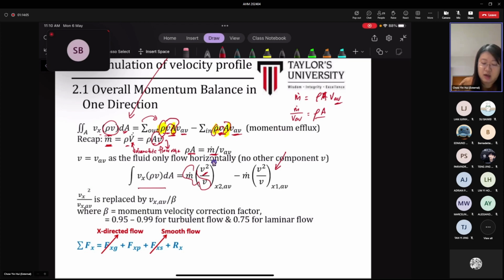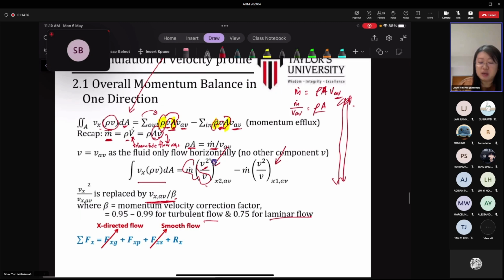And sometimes this v square over v here can be replaced by this expression, the average velocity divided by beta, which is a momentum velocity correction factor, depending on whether the flow is turbulent or laminar. Okay, now, this is just an introduction, and no worries, you are not required to reproduce this in a test or the final exam. It's just for your knowledge.